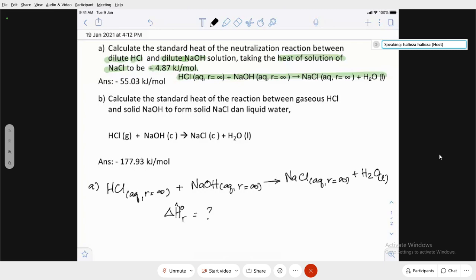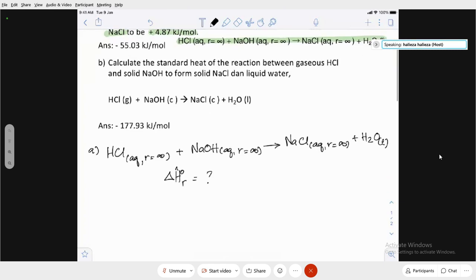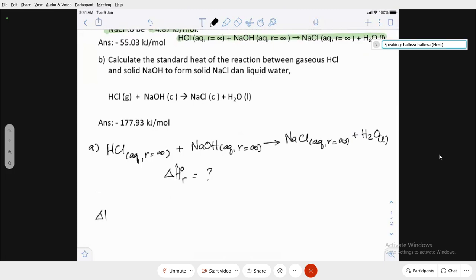So what is the heat of reaction? That's the question. Now, in order to get the heat of reaction, remember you guys, you know this equation already. You did it in your test 3. We're going to use heat of formation. We're not going to use heat of combustion.